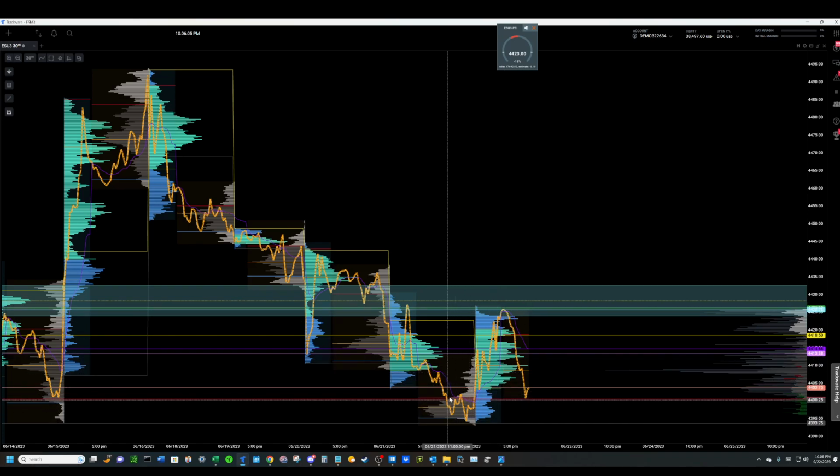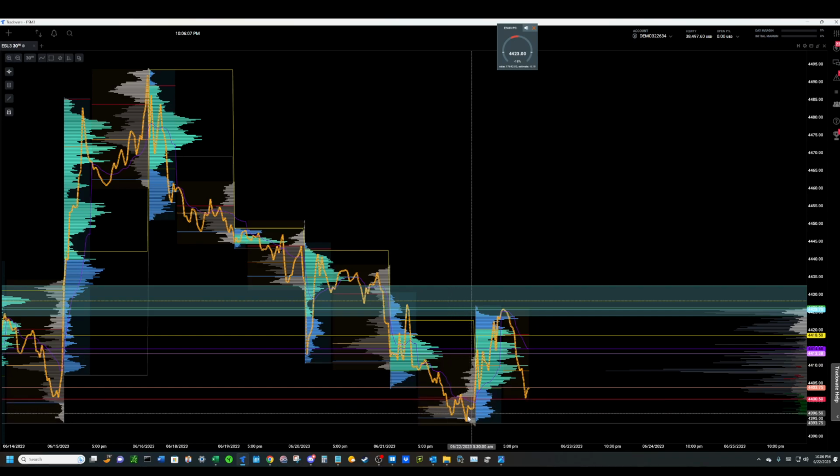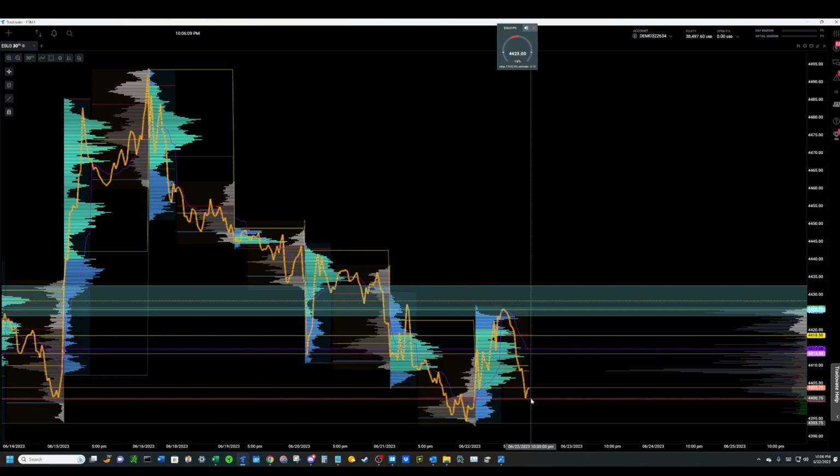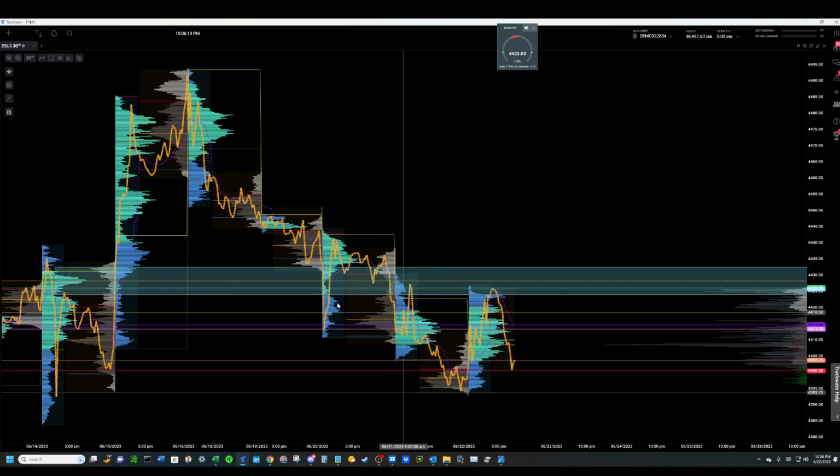Tested this place down here during the overnight session, and this came back up and retested this volume, I suppose. This was a previous area.